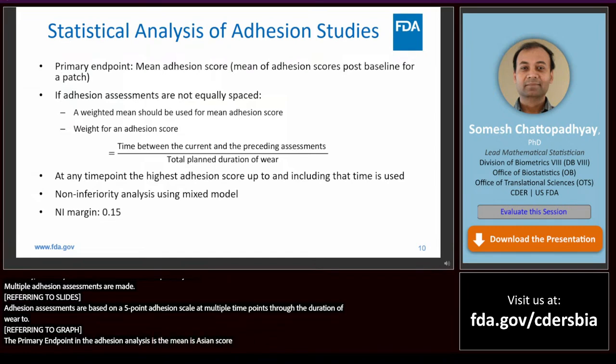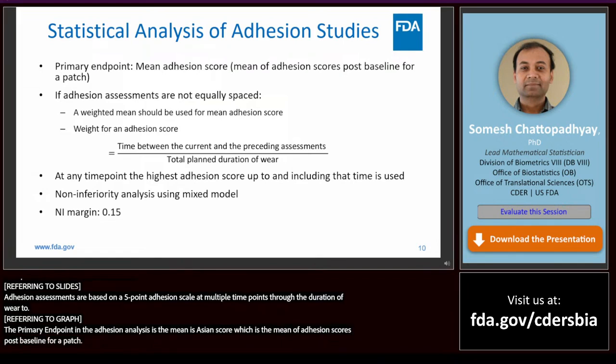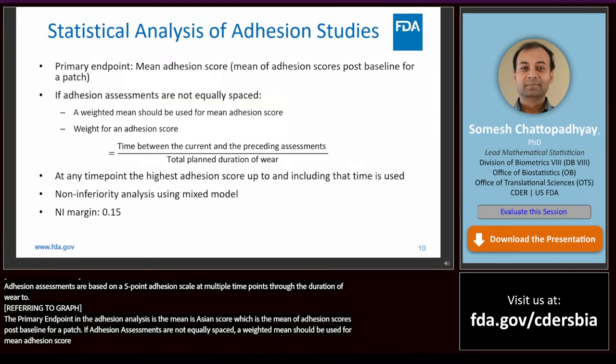If adhesion assessments are not equally spaced in time, a weighted mean should be used, where the weight for an adhesion score is the time between that assessment and the preceding assessment divided by the total planned duration of wear.